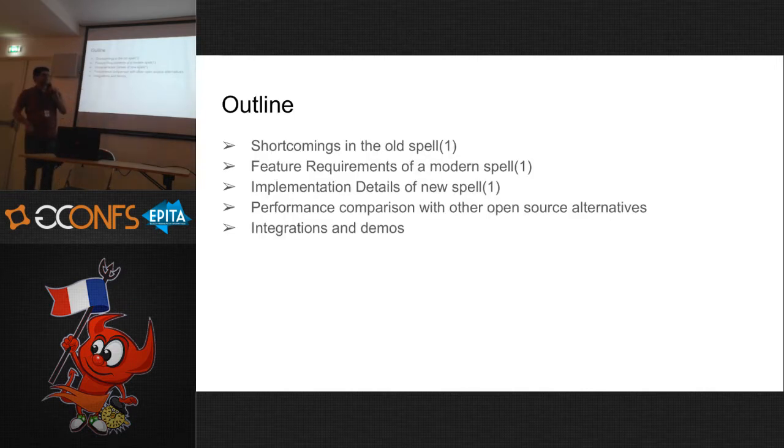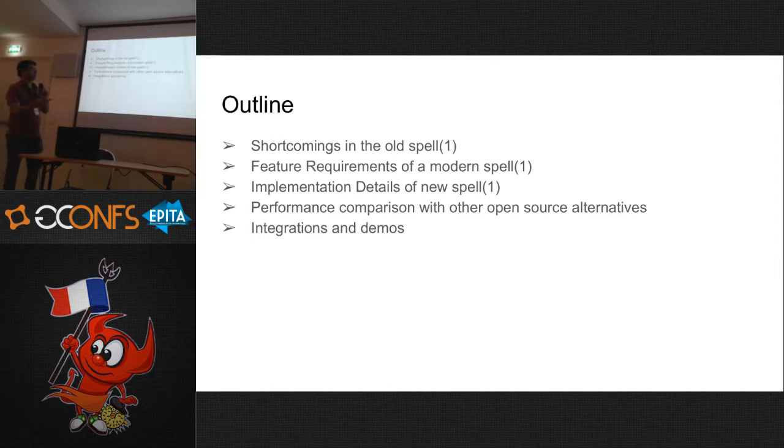These are the 5 major topics I would like to cover today. I'll briefly talk about the shortcomings in the current spell implementation that is there in the BSDs. From now onwards, I will call this the old spell implementation, and what I have been working on, I'll call the new implementation.